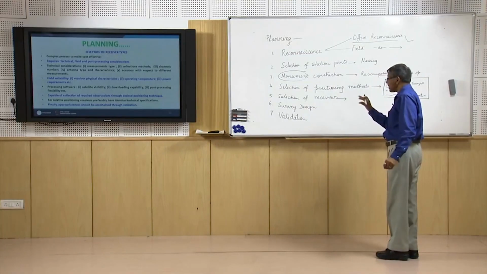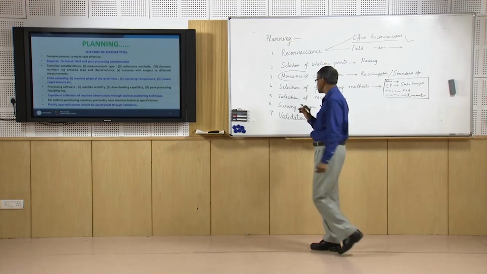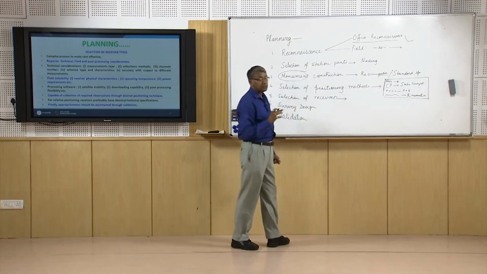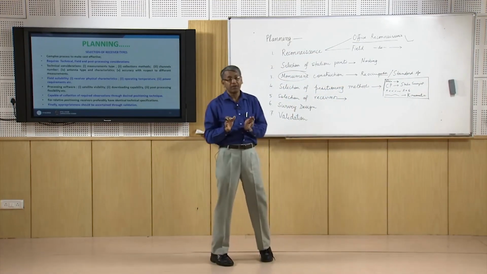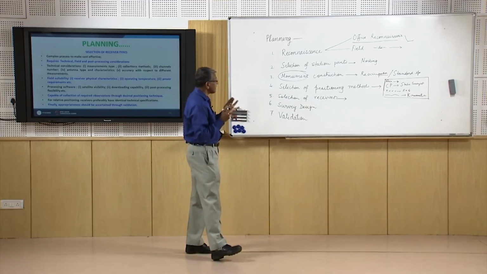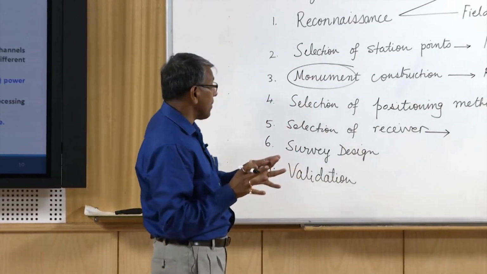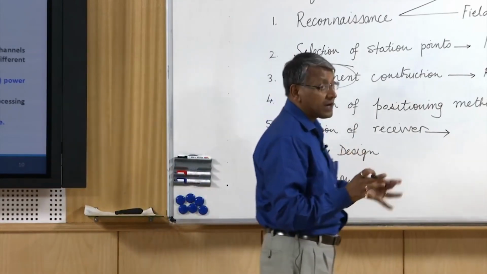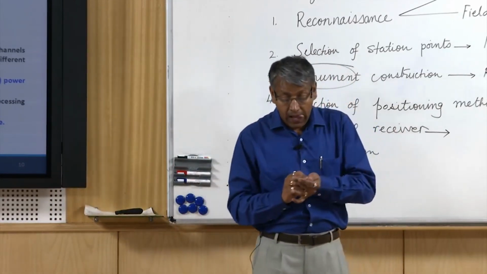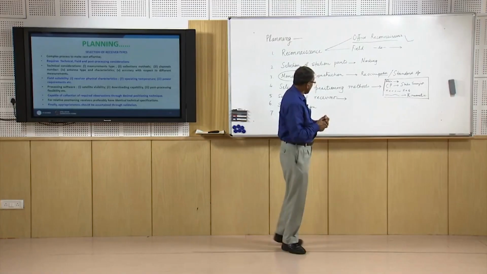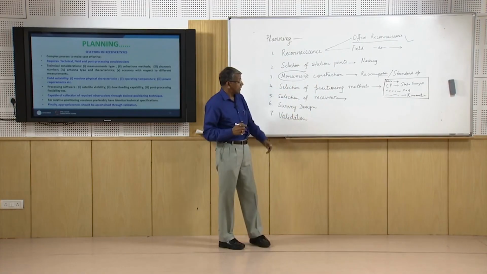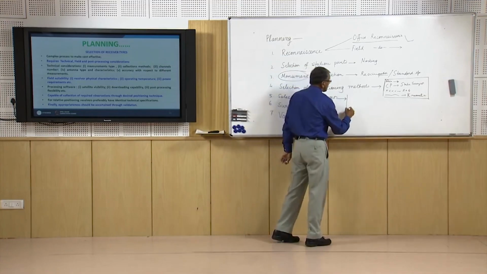Now, the selection of receiver is a very complex process if we want to end up with an economic solution, as well as maintain the accuracy, or achieve the objective of the work within standard specification. To select the appropriate receiver depends upon three factors.